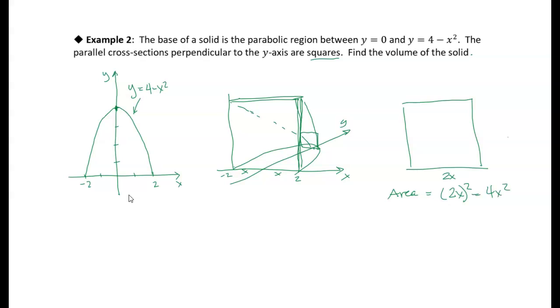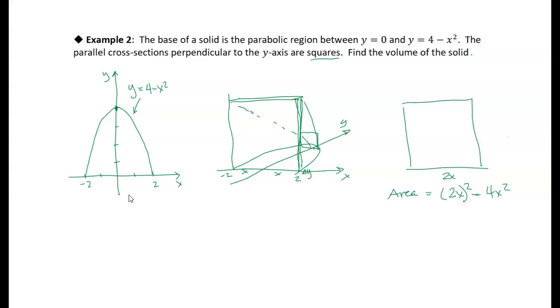These cross sections are perpendicular to the y-axis, so our thickness is delta y. So we want to integrate with respect to y, because we're going to add the slabs as we go up the y-axis. I really want this to be in terms of y, so I need to rewrite my equation.